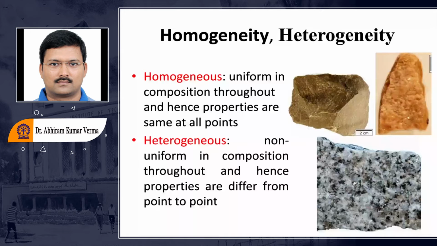You can see the black and white color. Those minerals are making it, and the distribution is not very uniform at all, so that is making this rock heterogeneous. Whereas in the top two figures, more or less the uniformity of the composition is visible.